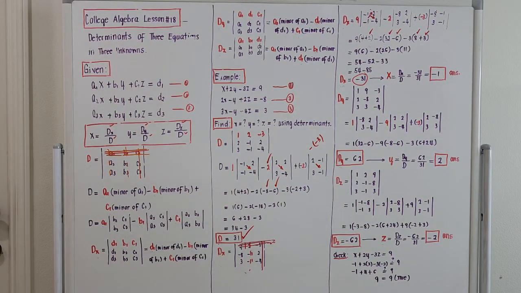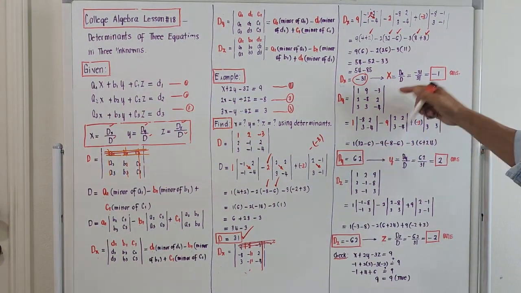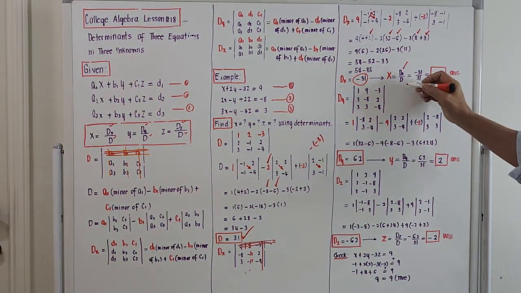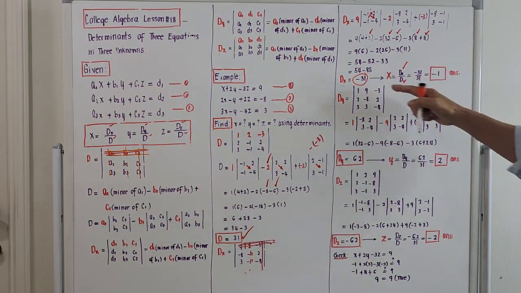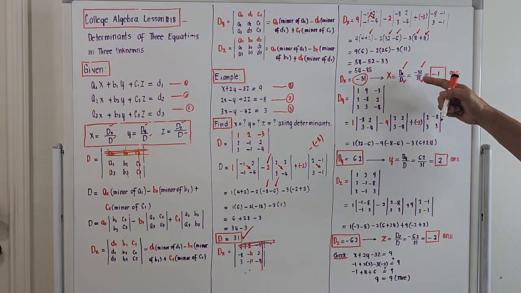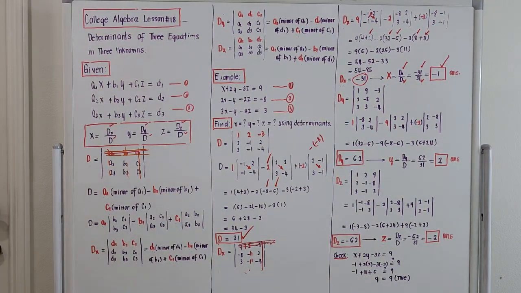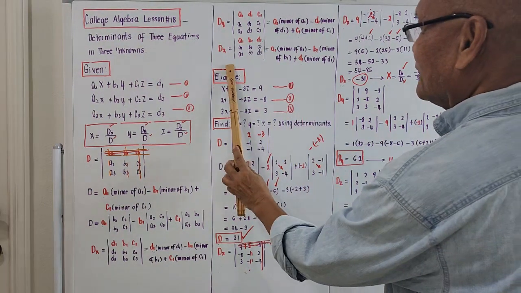So by using the first formula here, x should be the determinant of x all over the determinant d. It will be negative 31 over 31. Okay? It should be negative 1. That's the value of x. For the determinant of y, we cover y here.